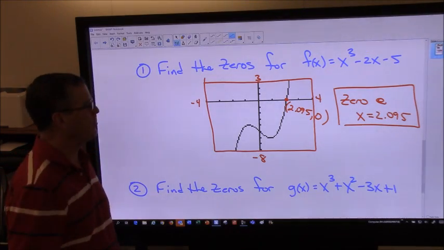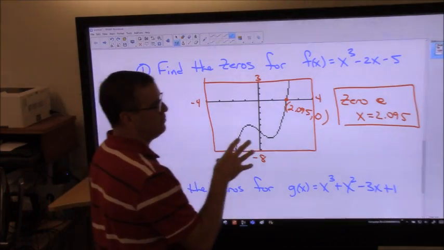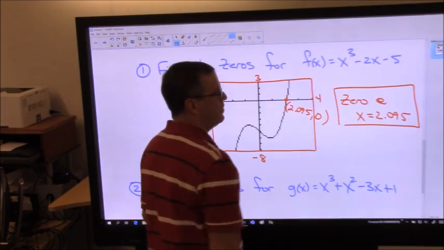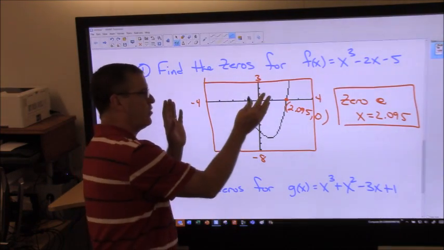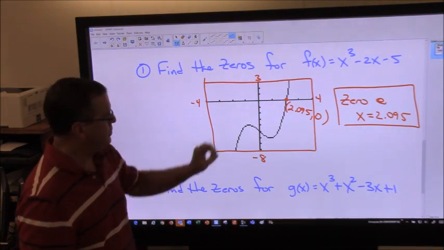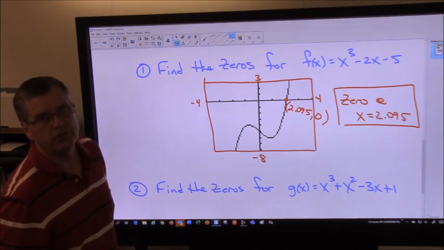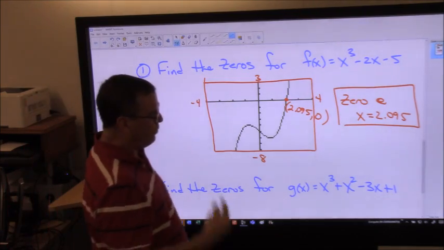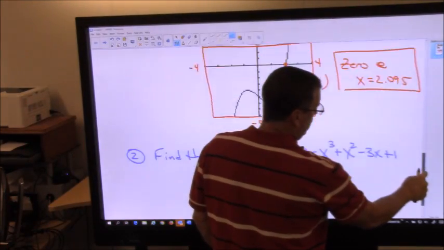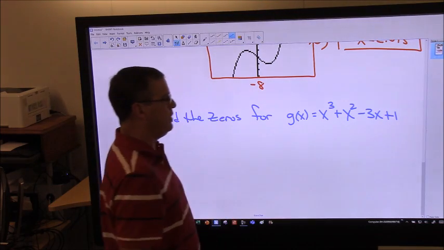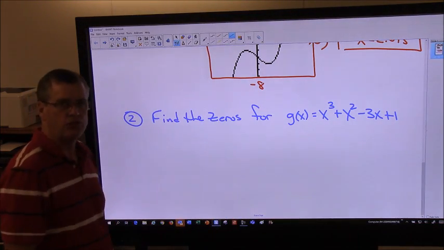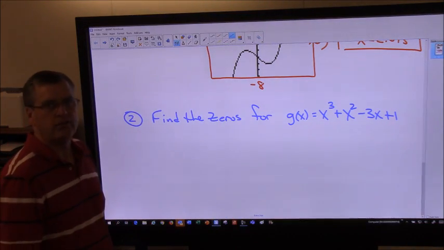That's what I mean when I say imaginary. There are some imaginary numbers that you could plug into here and make this equal 0. But in terms of the graph itself, this is the only real number where that happens. So I always want to keep this in mind: whatever the highest exponent is, there could be up to that many zeros, but it's not a guarantee.